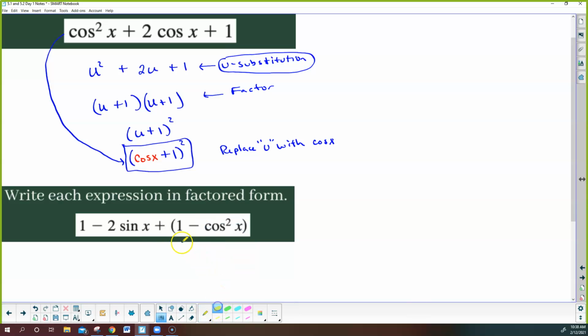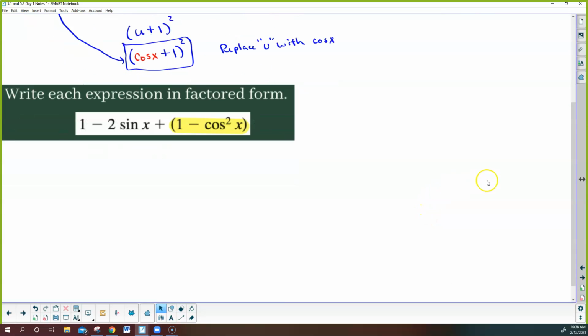Well, hopefully you're seeing this part right here and you're thinking, oh, wait a minute, I know what 1 minus cosine squared is. So we're actually just going to replace that to start. Use a different color.